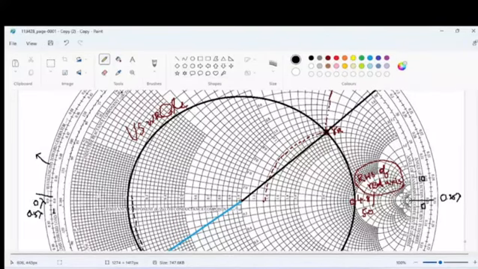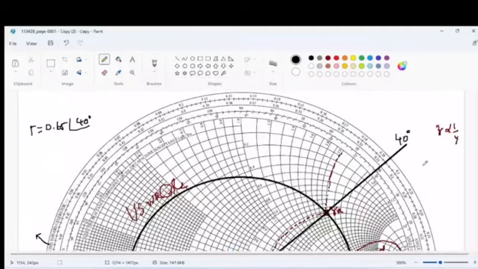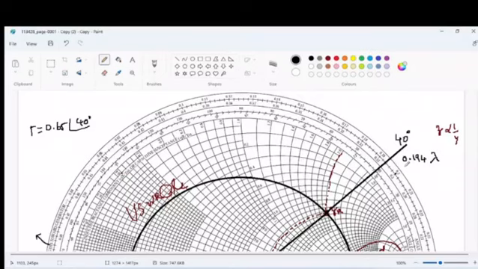Okay, fine. So where are we now? We are at the wavelength 0.19, 0.2. So can I assume 0.194 lambda? Yes, obviously, 0.194 lambda.